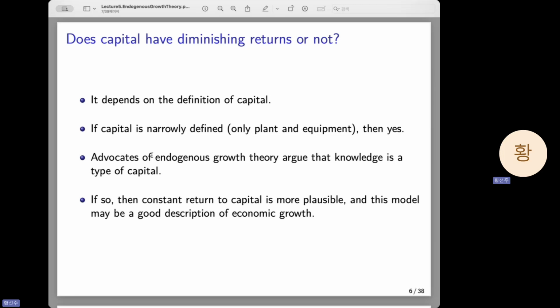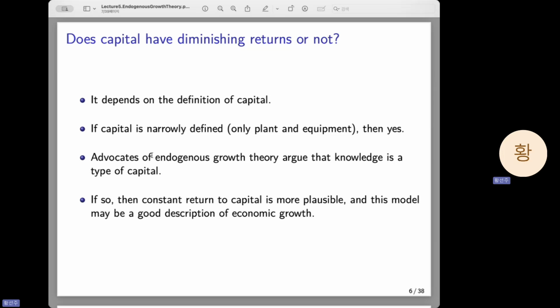But if we think more broadly, including knowledge or human capital as part of capital, then constant returns to capital become plausible. So, in this case, the AK model provides a reasonable description of how an economy can sustain growth.